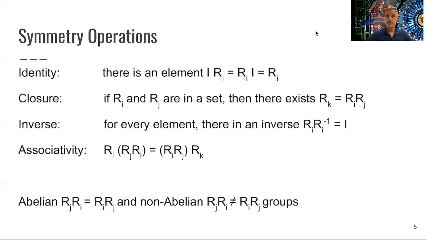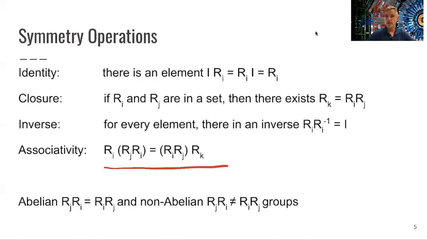And there's associativity, meaning that if you have a rotation acting on two other rotations, you can regroup and follow what's shown in this equation here. It's not clear that you can reverse the order of certain elements of your group or your symmetry operation.